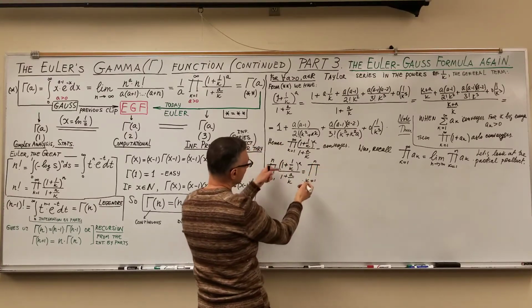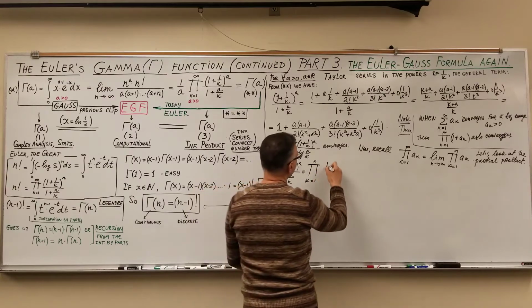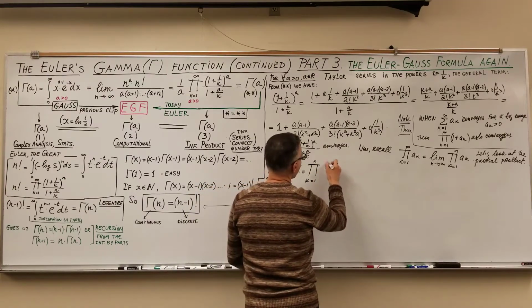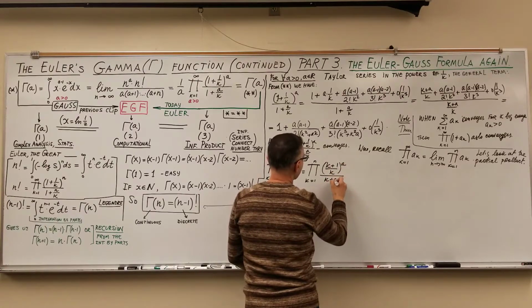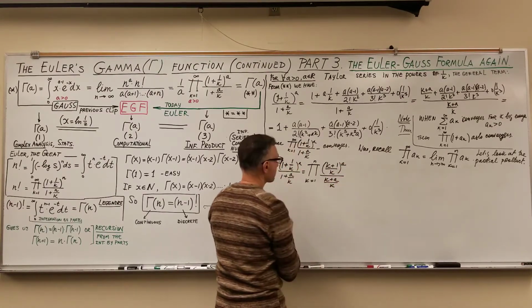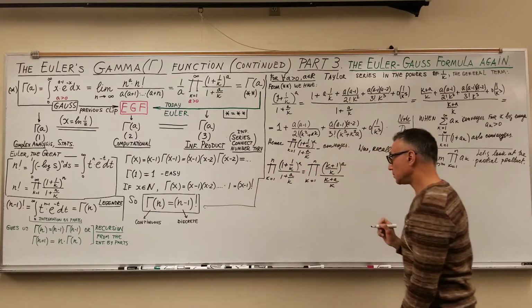Let me combine this, so it will be k plus 1 over k power of a over k plus a over k.